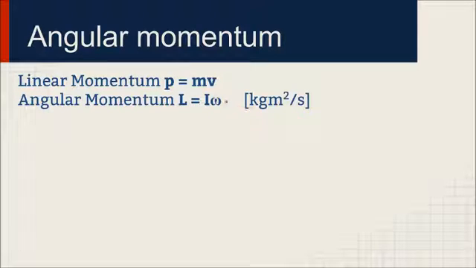And those units come out differently than linear momentum. Remember, the units were kilogram meters per second. Well, this is kilogram meters squared per second. And the reason is because there are 2 dimensions going on there on these objects that go around.